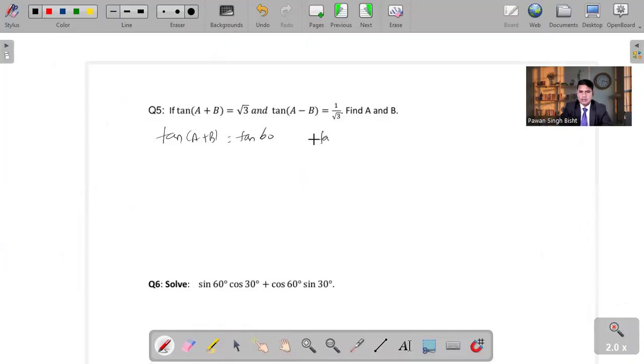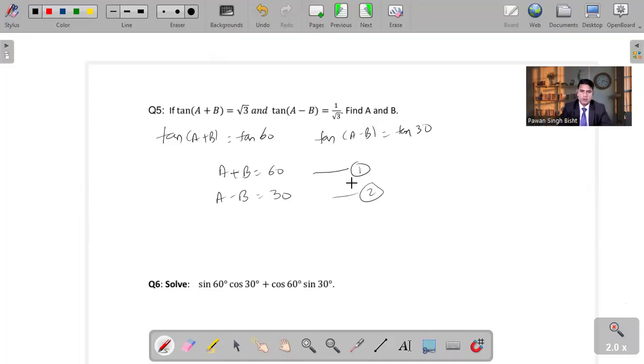This is tan of a minus b equals tan 30. Now on comparing, we get a plus b equals 60 and a minus b equals 30. So this is my first equation and this is my second equation. So this becomes a simultaneous linear equation. If you have a problem with simultaneous linear equations, I have already made a worksheet on this.